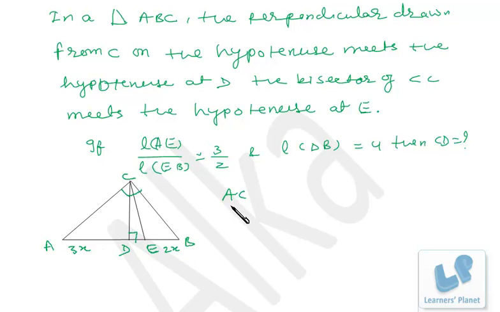I have explained this theorem a lot of times. And that's actually 3/2. So if it is 3:2, the same ratio will be maintained over here. Maybe it is 3K and 2K.